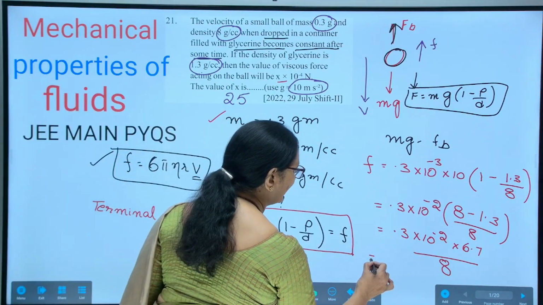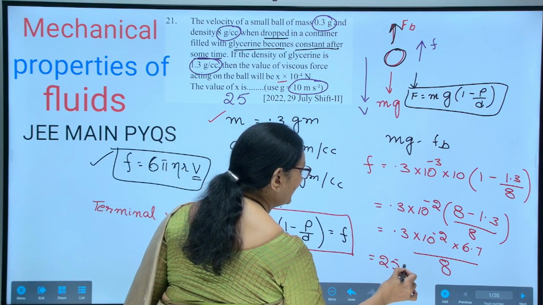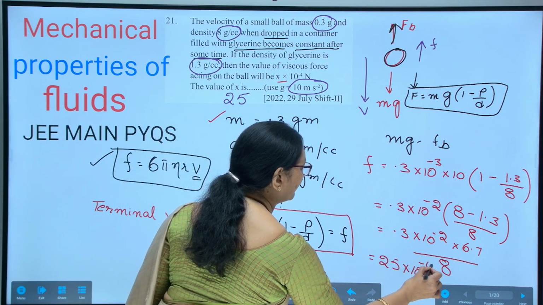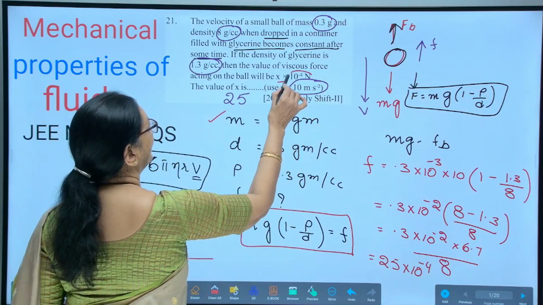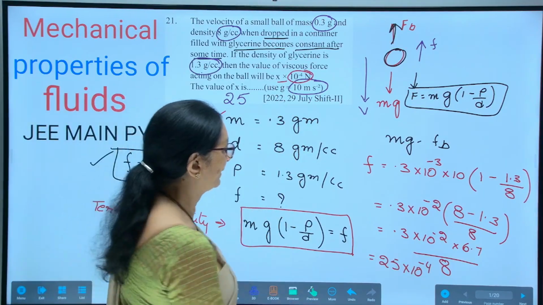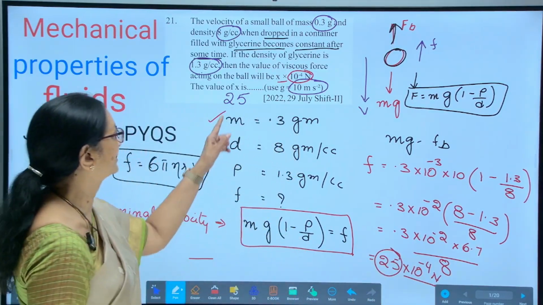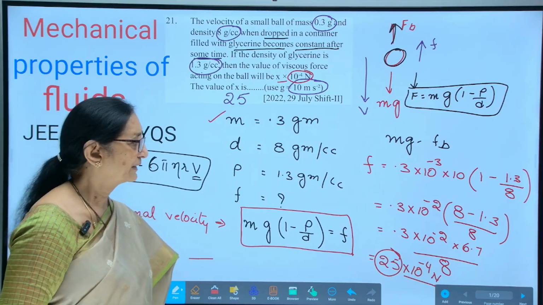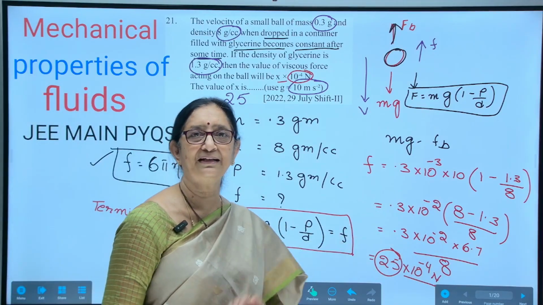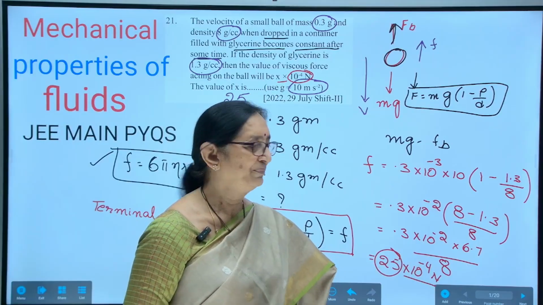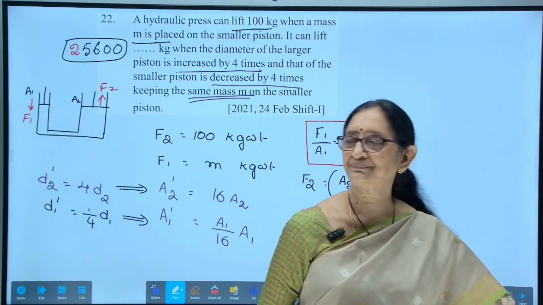It is given as x into 10 to the power of minus 4 Newton. So x value is 25 in this problem. So you have to simplify the calculation carefully. Okay, move on to the next problem.